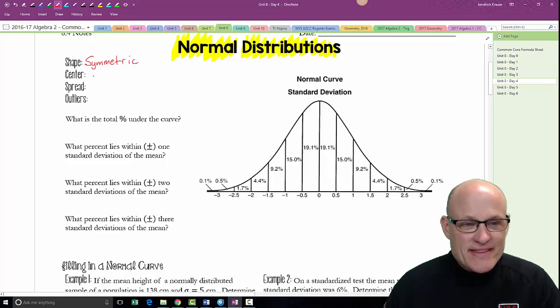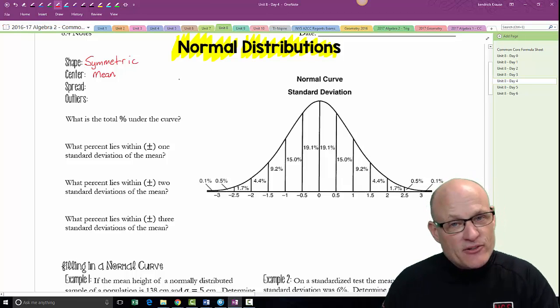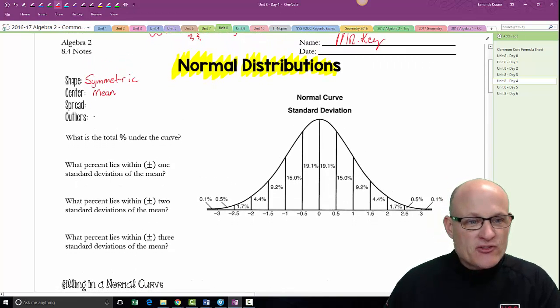The center, in this case, would probably be the mean. If it is truly normal, the mean is a fantastic indicator of the middle. The median would also be fine because, if it's normally distributed, they're going to be almost exactly the same.